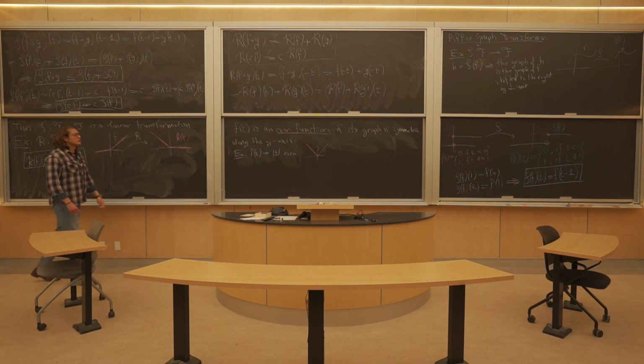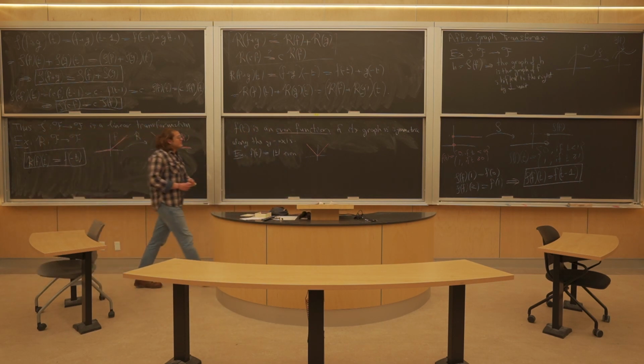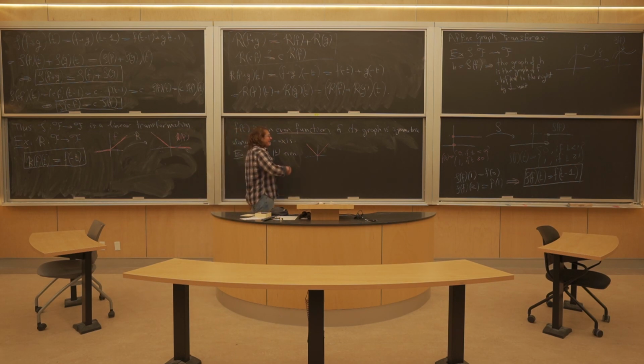Okay? Another example, any polynomial function of even degree, for instance, f of t equals t squared, is even. And so this one looks like this.